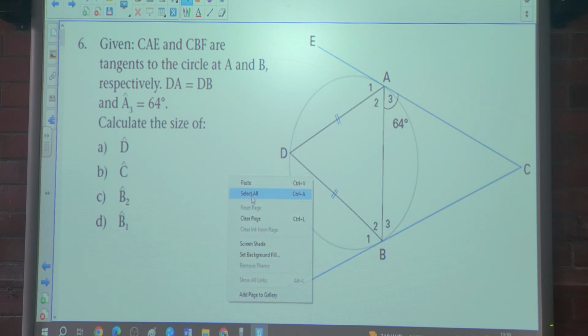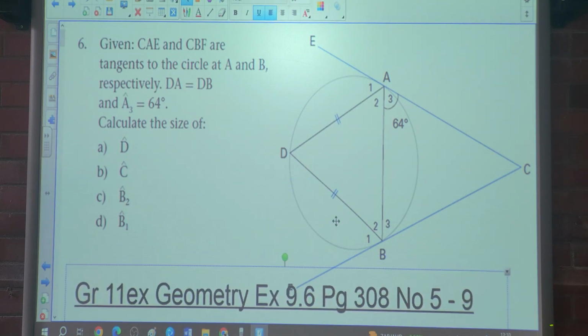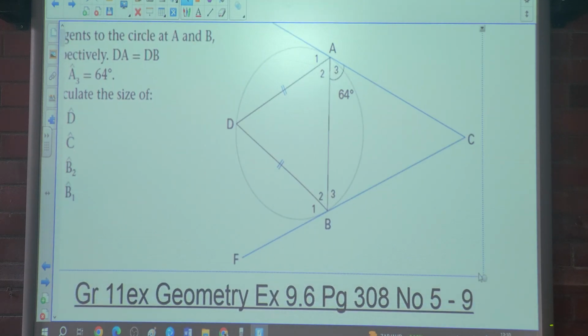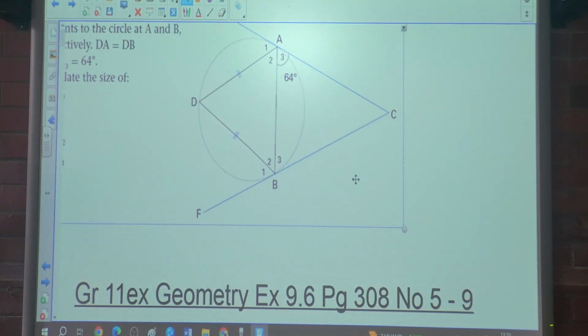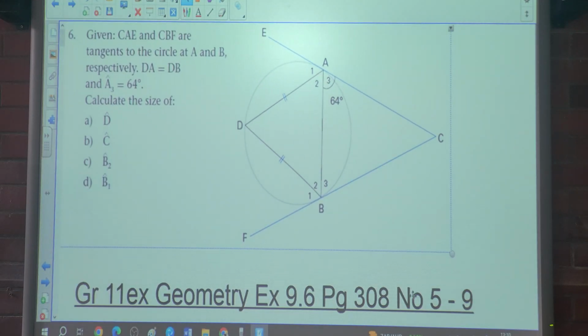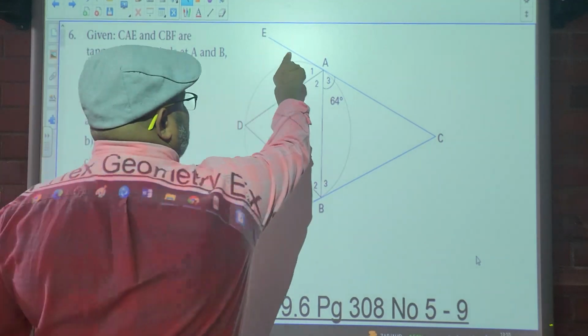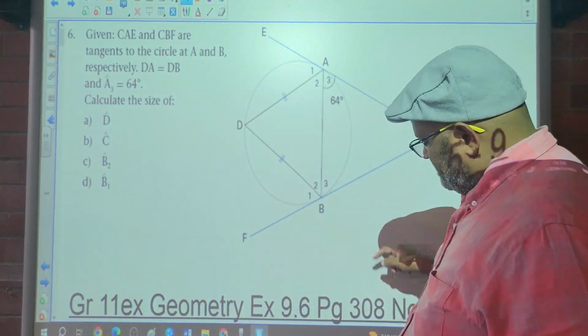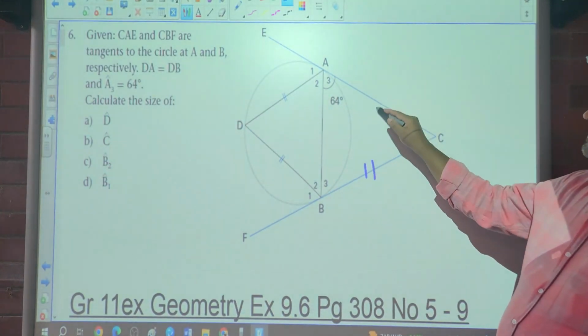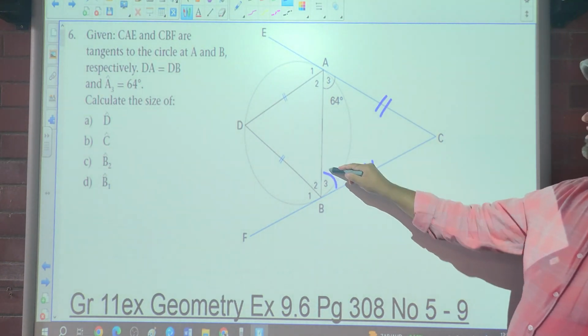Let's look at number 6. In number 6 we are told that given CAE and CBF are tangents. People, if these two are tangents, what do we know? Tangents from a common point are equal, so therefore those angles are equal.